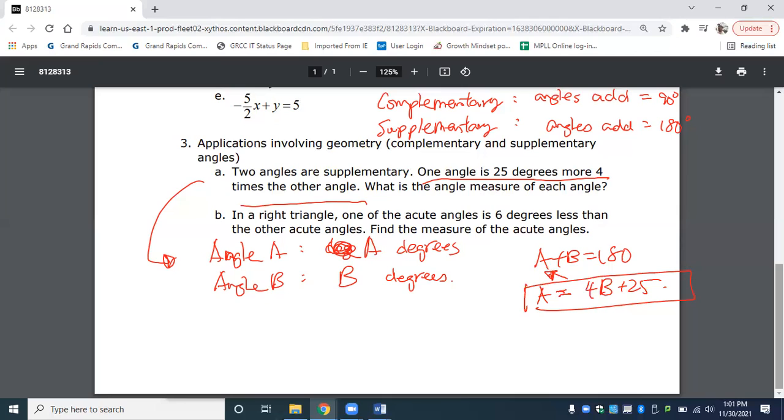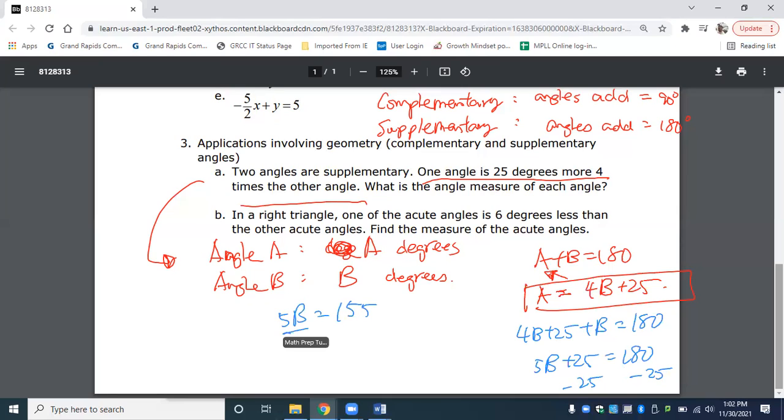So now what we end up having is 4B plus 25 plus B equal 180. This means 5B plus 25 equal 180. Minus 25 on both sides, we get 5B equal 155. And this means divide by 5 on both sides, B is 31. So that means B is 31 degrees.